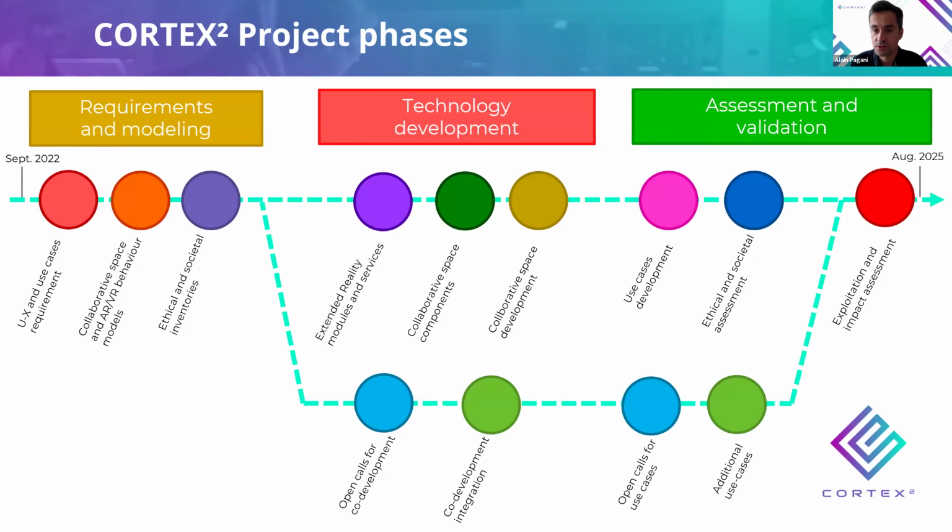And we will finish the project with an assessment and validation, mainly of our use cases, our pilots, that will be assessed with the real users. And you see that in parallel, in the second line, we have also these open calls. We have two types of open calls, for co-development and use case development. This webinar is about co-development, the second call, but you see that this runs in parallel to the other things, because we will all finish together at the end of the project.